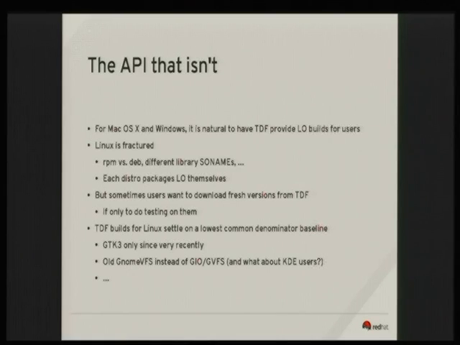Windows as well, but unfortunately Linux is more fractured because of the more free approaches we have here. So that's a pro and it can be a con as well if you actually try to build your software and distribute it there. Like the different package formats, different versions of libraries.